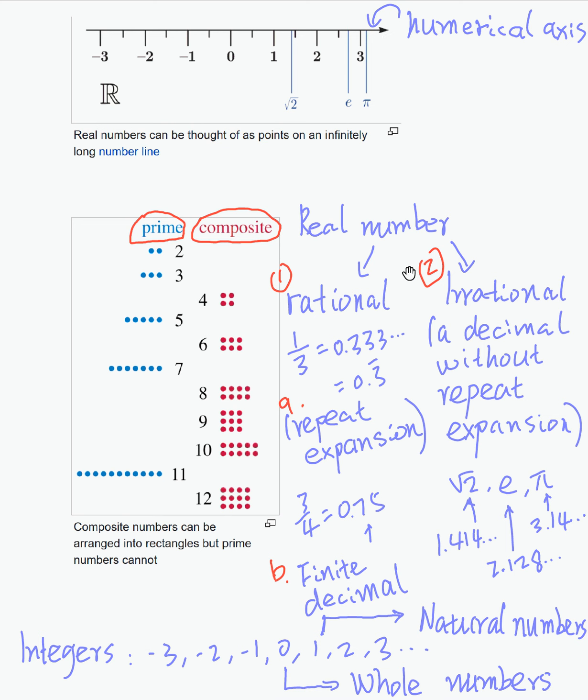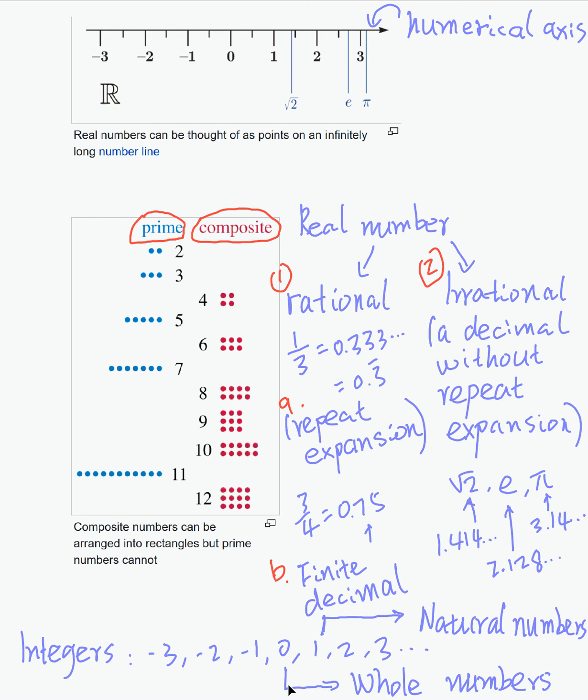So what is a real number? There are 2 categories. Again, integers are a special case of the rational, because everyone knows 1 equals 1 divided by 1, 2 equals 2 divided by 1. That's a special case. So basically, integers belong to rational.